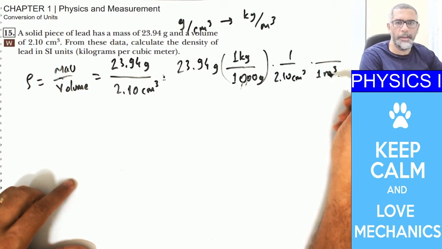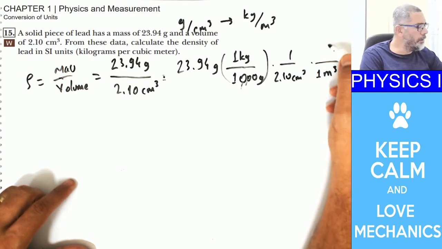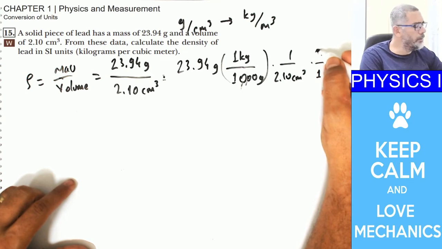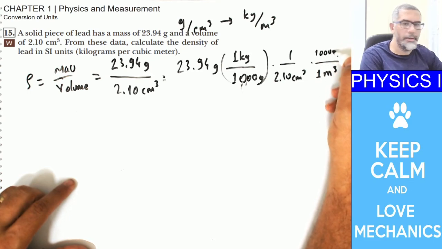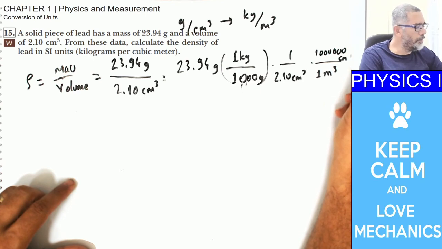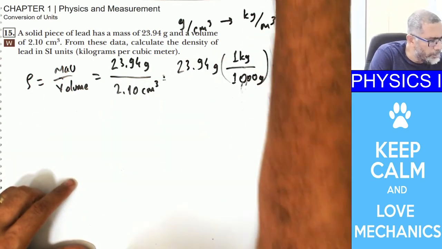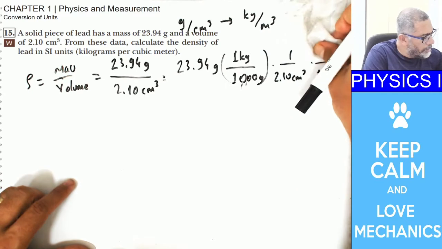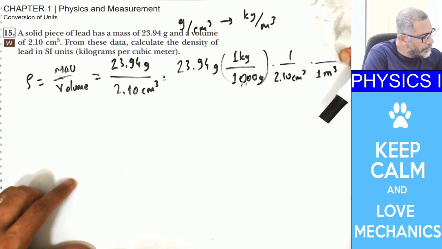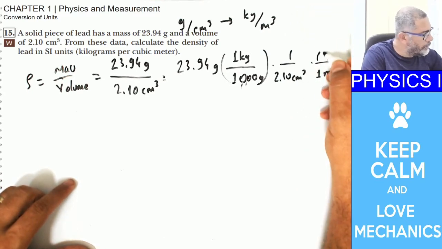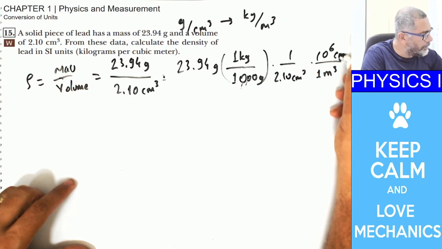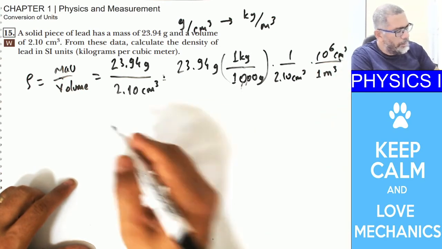All right, it is 1 million, right? It is 1,000,000 centimeter cubes, or simply you can write for short, using scientific notation, 10 to the 6 centimeter cube. That's it.